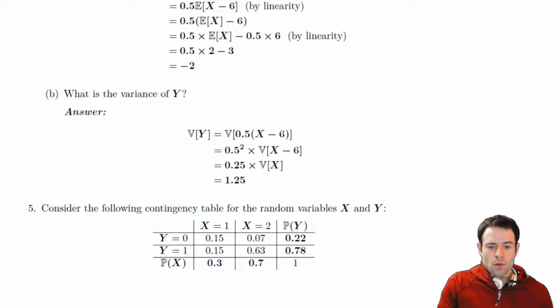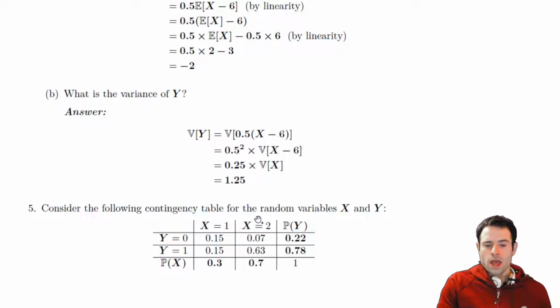So, if I want to find the marginal distribution of x, I can write down here p of x under the y's, and I can add all the probabilities where x is equal to 1 shows up. 15 plus 15 gives you 30, so there's a 30% chance that x is equal to 1.